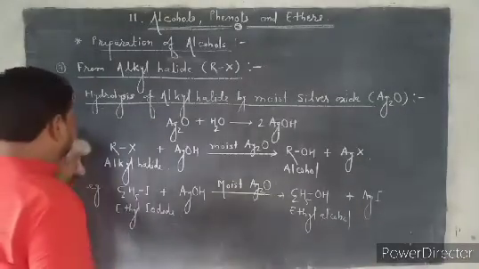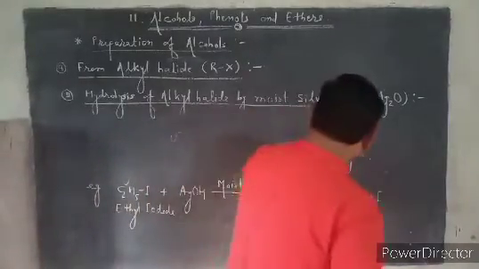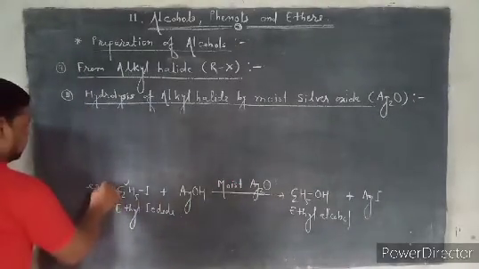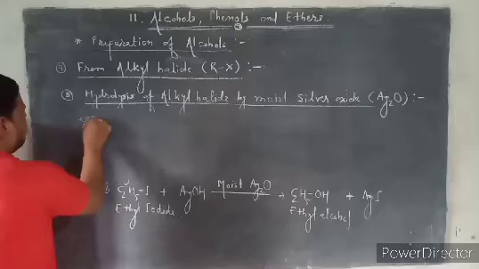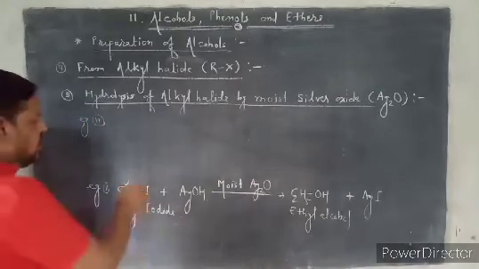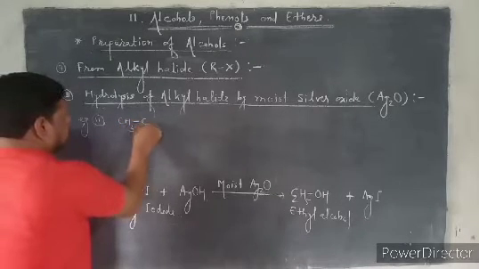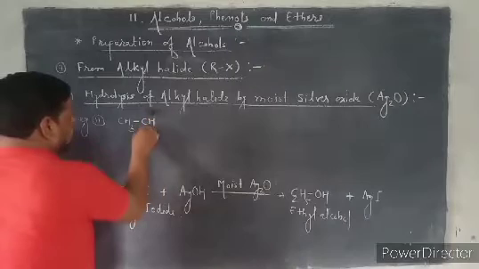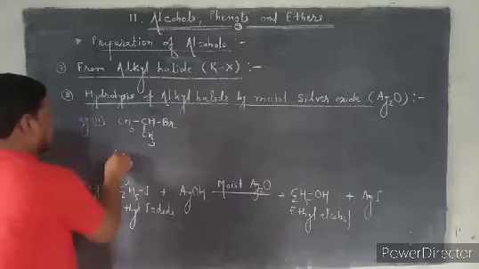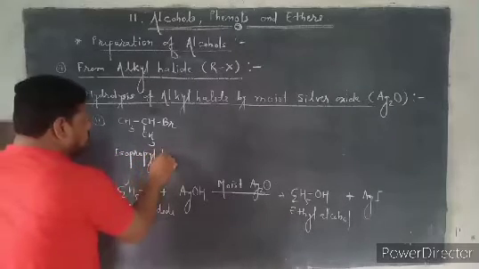Next, the second example is isopropyl bromide, CH3CHBrCH3.